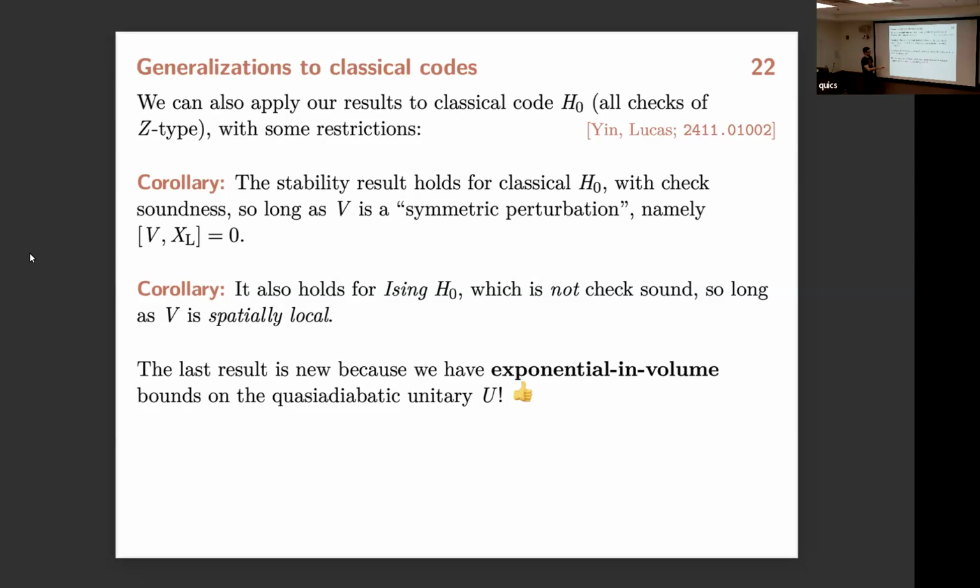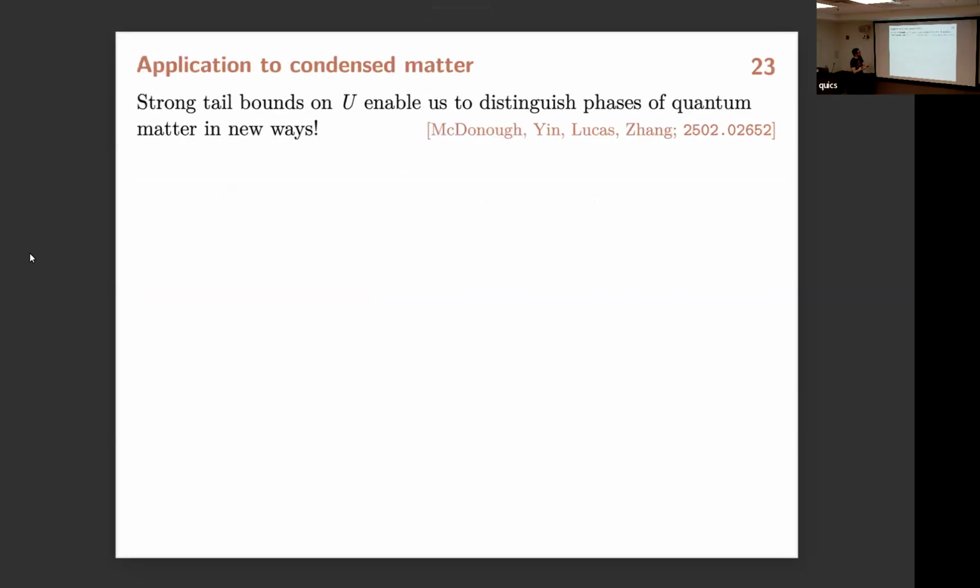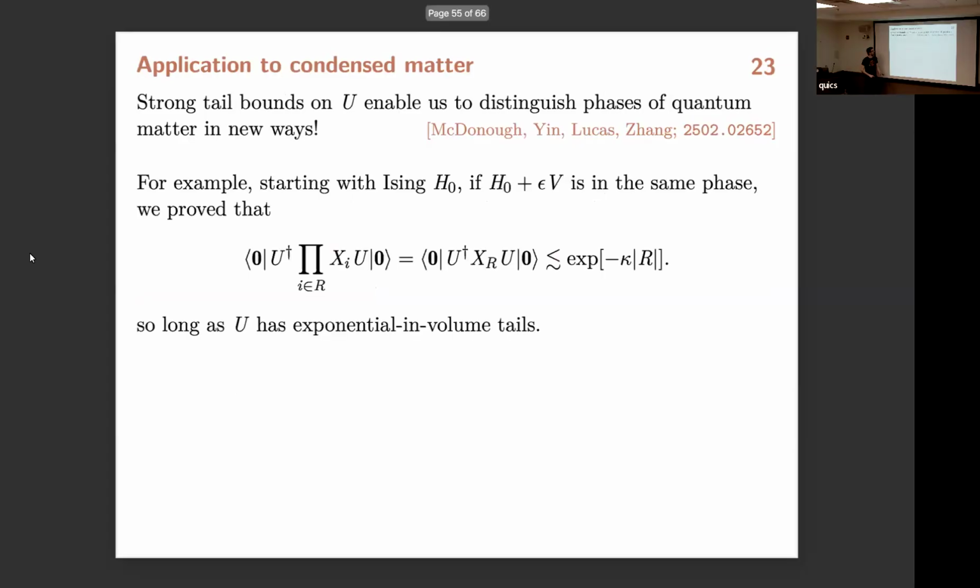But here we'll have exponential in volume suppression, and as I'll now quickly mention, that can be useful. So these tail bounds on U suggest new ways to distinguish between phases of matter.